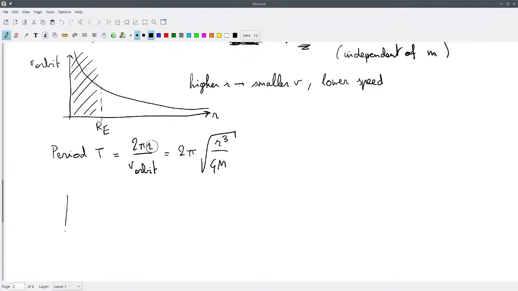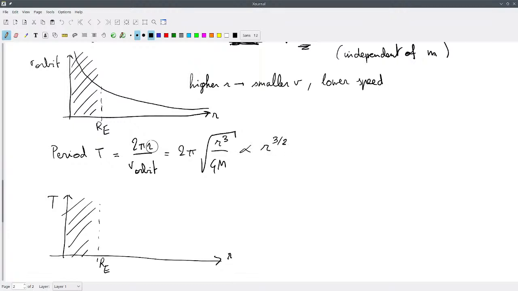So the orbital period as a function of the radius of the orbit, again with a region that's excluded because of the radius of the Earth, is going to go like r to the power 3/2, so something like this, slightly higher than a straight line.